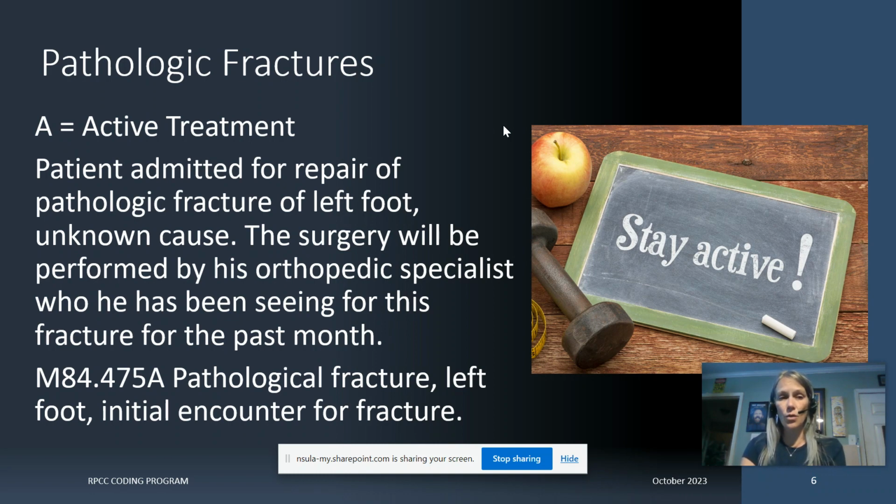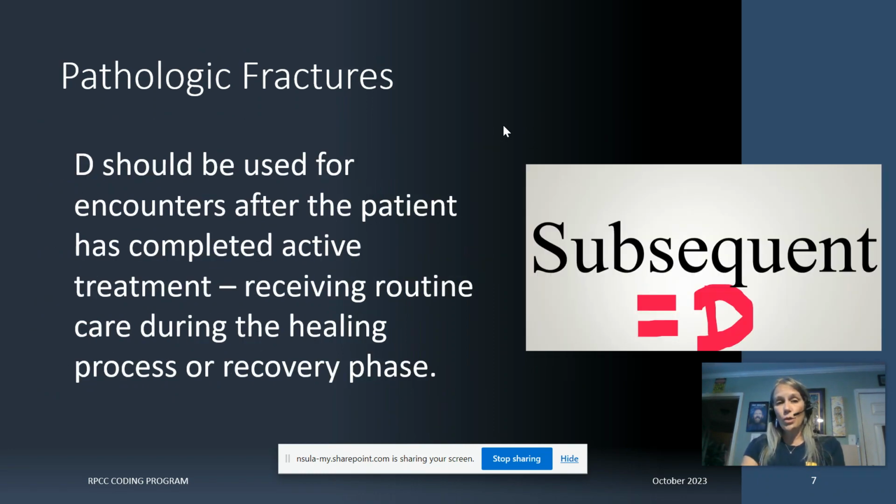A is going to equal active treatment. So anytime the patient is being seen for that active treatment of that fracture, we're going to use A. D is going to be used for encounters after the patient has completed their active treatment. So receiving routine care during the healing process or recovery phase.